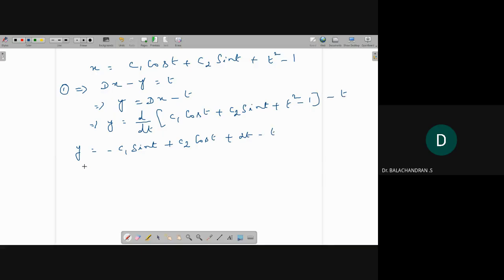So y equal to minus c1 sin t plus c2 cos t plus t. So this is y.